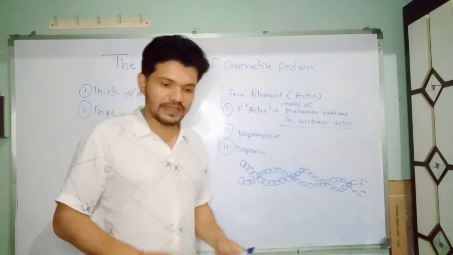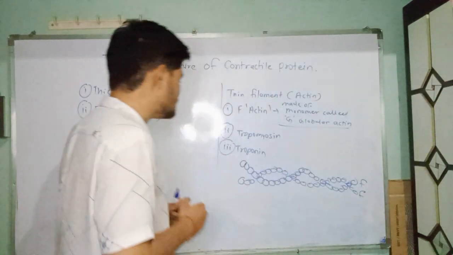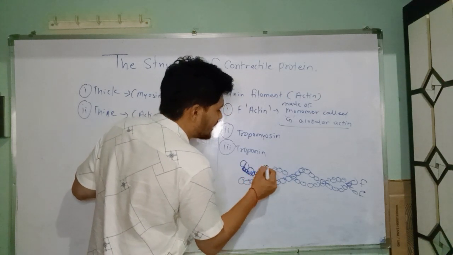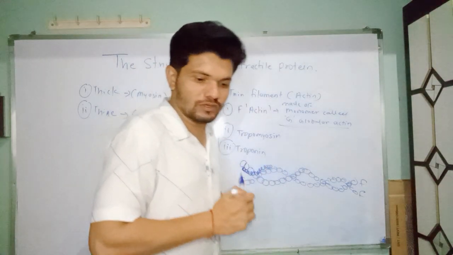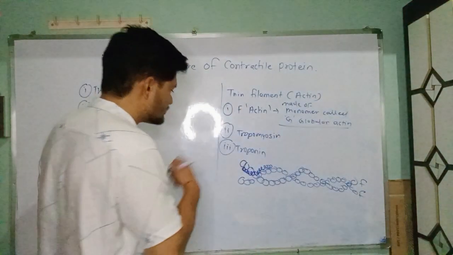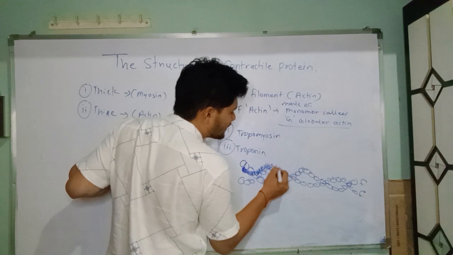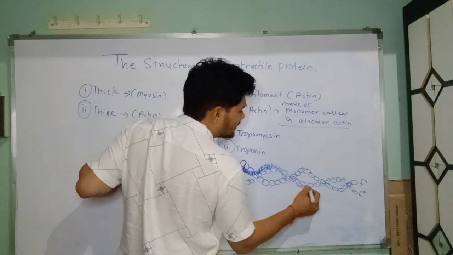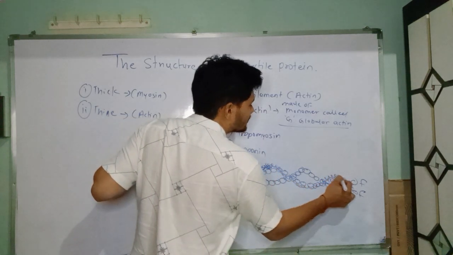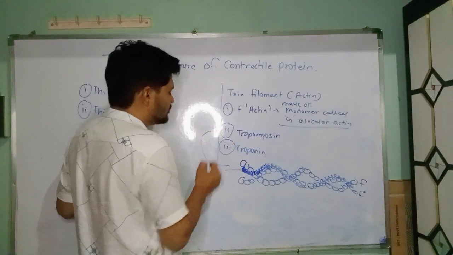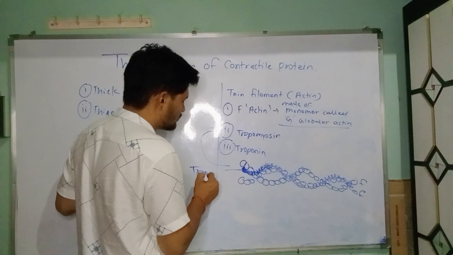Then, friends, there is another chain, which is like this. This is running along with F actin, called tropomyosin.